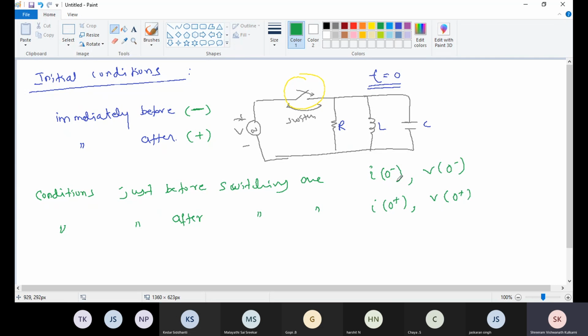Sometimes we are going to evaluate the constants at t equal to infinity also. These are known as final conditions.